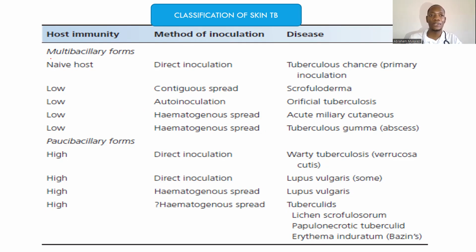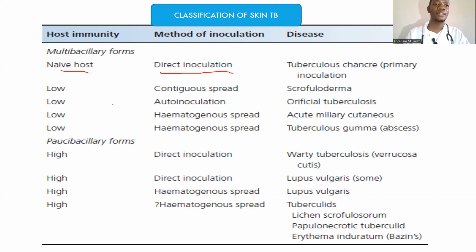So the first one, we call it the multibacillary forms. In this case, your immune system is not able to clear the bacteria very fast. This can occur in a naive host who has never been vaccinated or infected by tuberculosis. In this case, it can either be direct inoculation onto the skin, and this will give you a particular skin manifestation that we call tuberculous chancre or primary inoculation.